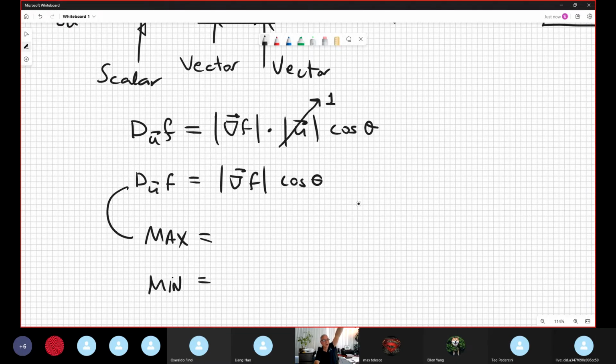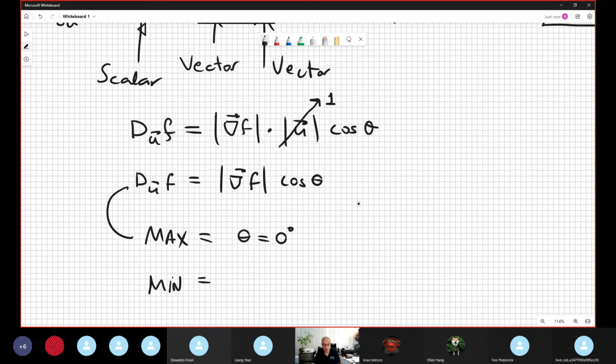In other words, what is the path in which, when you travel up ascending the mountain, you get the maximum rate of change, or minimum. So super easy, because this expression is maximum when theta is 0 degrees, because I know very well that cosine is +1.